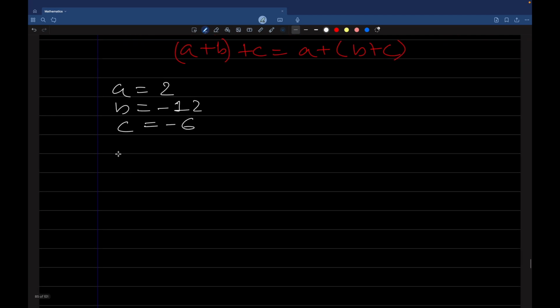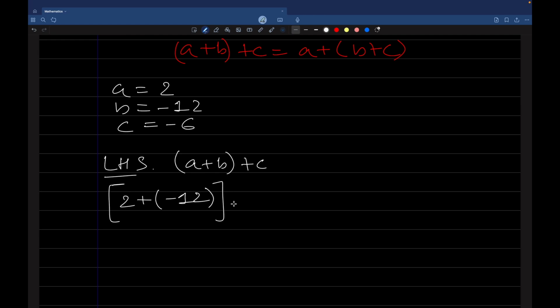LHS, left hand side, that is (A + B) + C, that is 2 plus minus 12 plus minus 6.